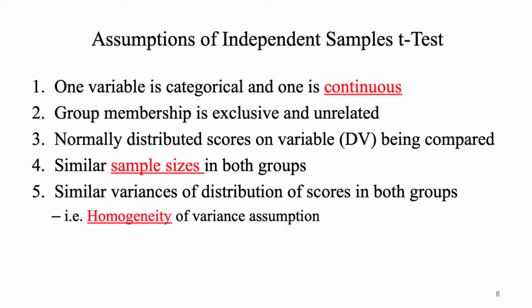That is, the variances are not homogeneous. There are ways of overcoming that. Levene's test will tell you if they are actually significantly different, and then there's an adjustment to the degrees of freedom, but that's beyond the scope of this. Let's move on.